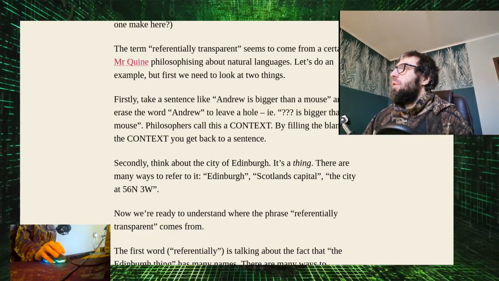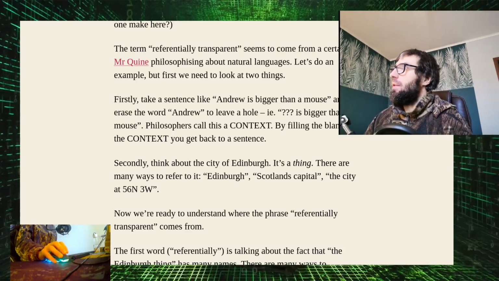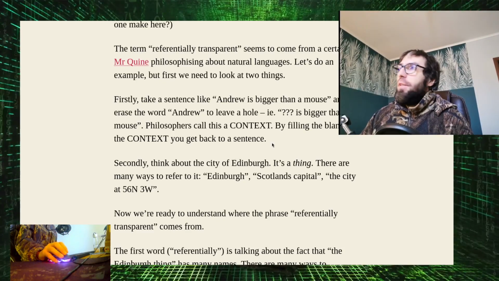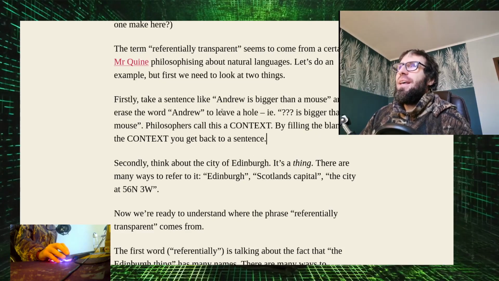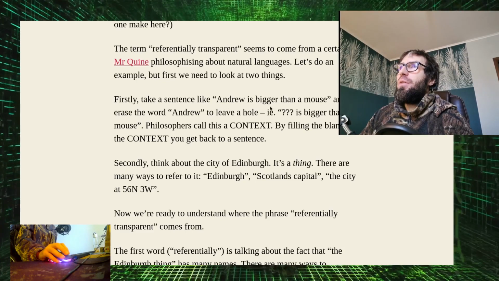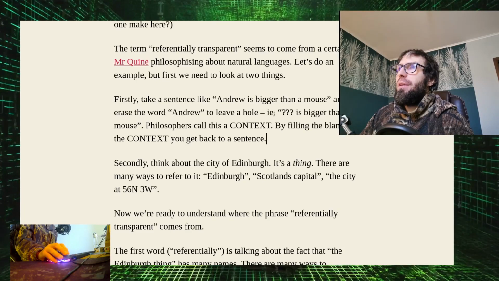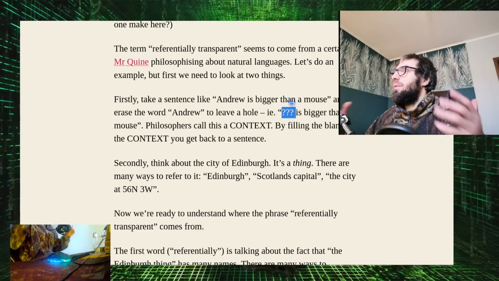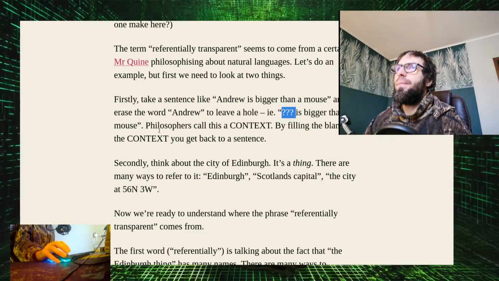There is also an interesting notion of context. What is context in this sense? If we take a sentence like, for example, "Andrew is bigger than a mouse," and erase the word Andrew to leave a hole, so "something is bigger than a mouse," then we can replace something here.